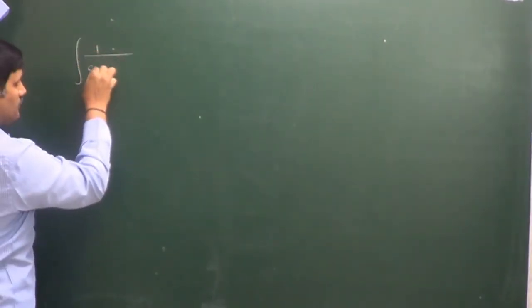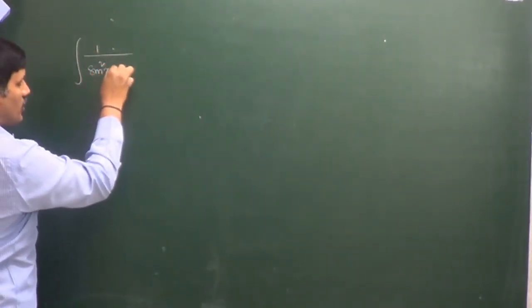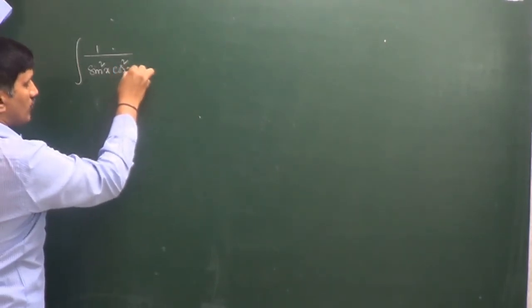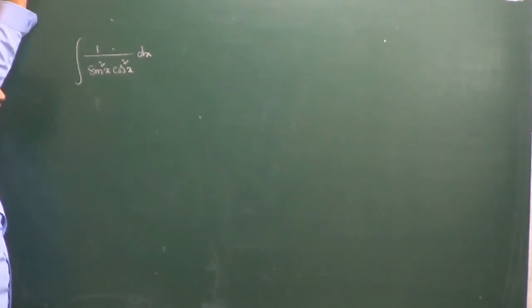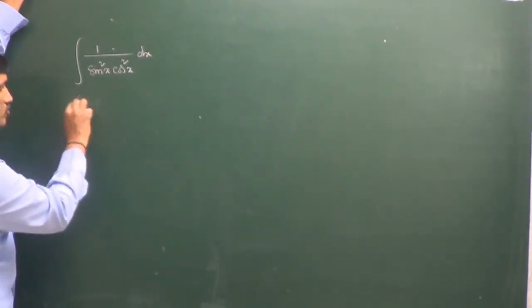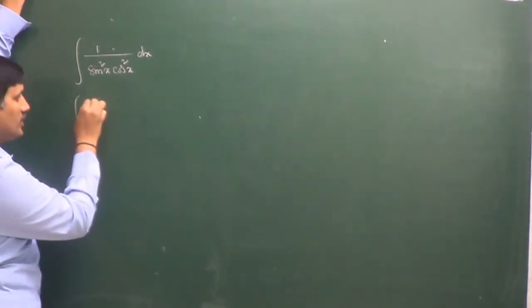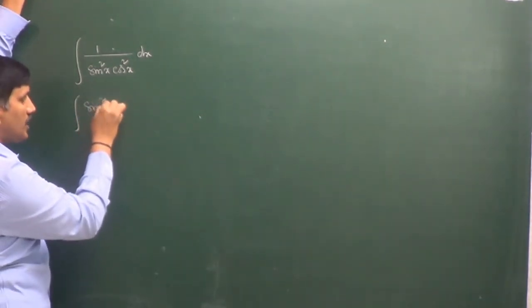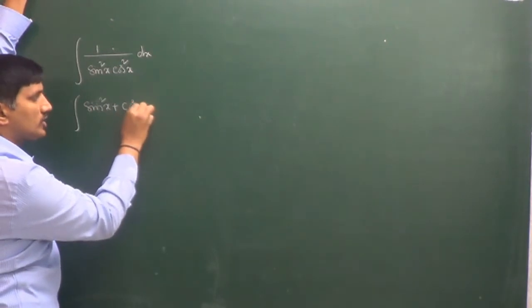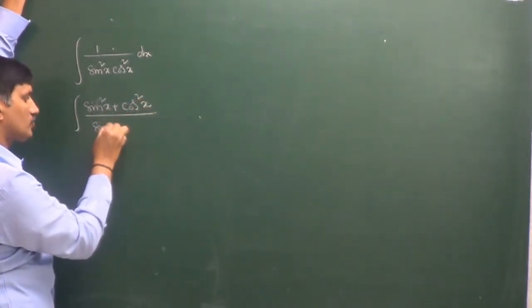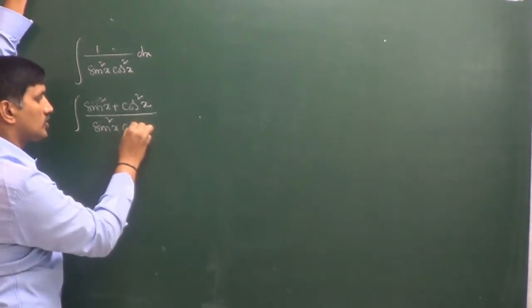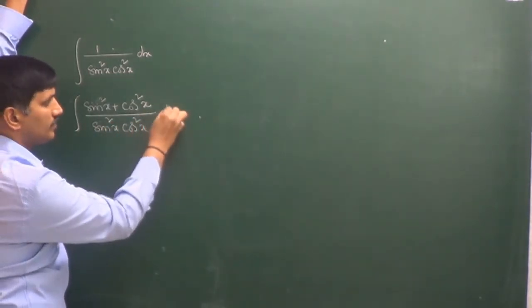See another question here. 1 by sin square x into cos square x dx. That is the question. Integration of 1 by sin square x into cos square x dx. Then how to do this one? 1 can be written as sin square x plus cos square x divided by sin square x into cos square x dx.